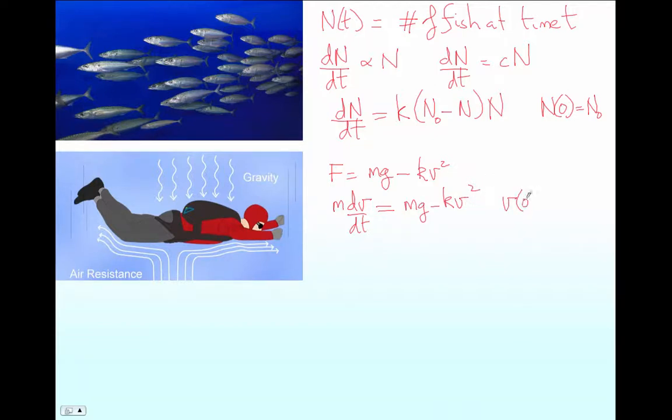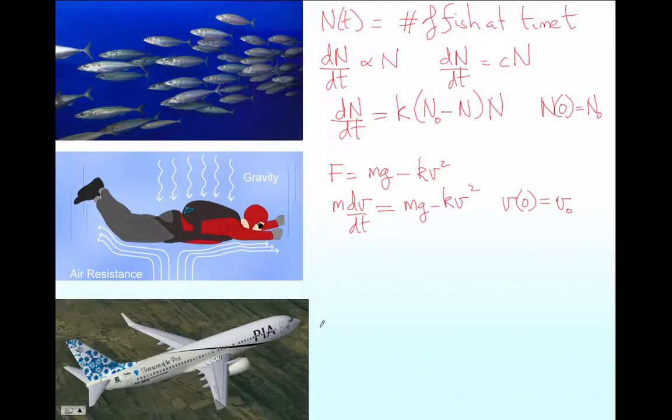And let v of 0 be the velocity with which he had jumped off. We could take this to be v naught, some number, maybe it's equal to 0. And in that case, what we have is a differential equation in the variable t, and v is what we have to find with this initial condition.